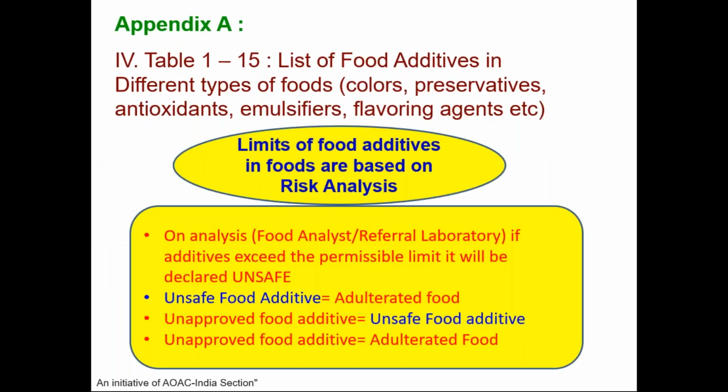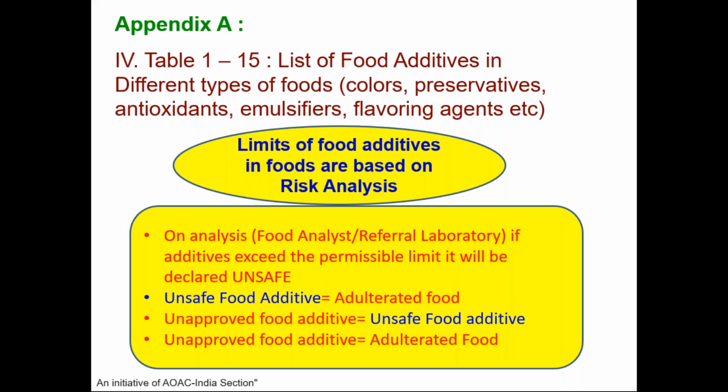The tables 1 to 15 of the regulation list the food additives which are permitted for use in different types of food, which include colors, preservatives, antioxidants, emulsifiers, sweeteners, flavoring agents, etc. The limits of food additives are all based on risk analysis.